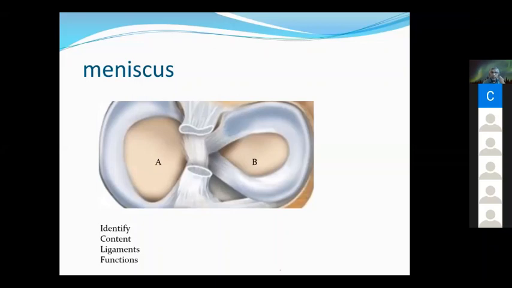Or is it just the picture? Sir, if it's two-thirds of a circle, then it is a lateral meniscus, whereas if it is just a semicircular shape, then it is a medial meniscus. Okay, I think that is fair enough.